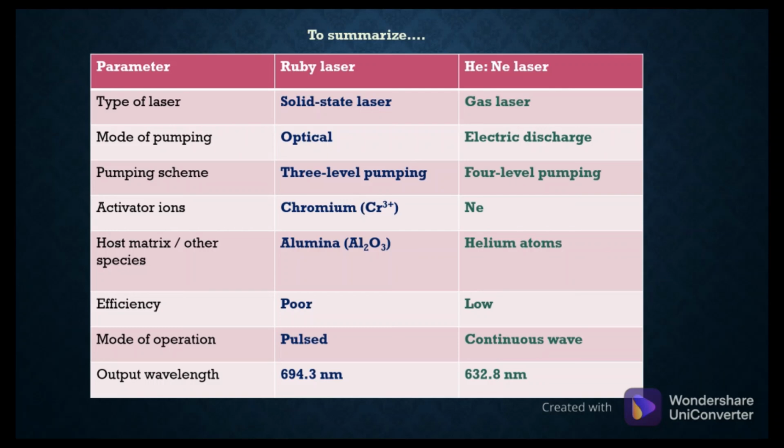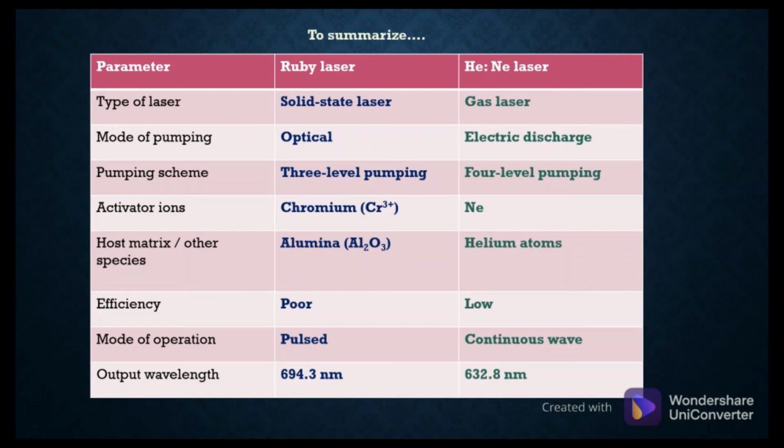Here the neon atoms are the activator species. The host matrix for ruby laser is alumina, Al2O3. In helium neon laser, helium atoms occupy much of the volume. The efficiency of both lasers is low. As for the mode of operation, ruby laser functions as a pulsed mode laser, and helium neon works as a continuous wave laser.